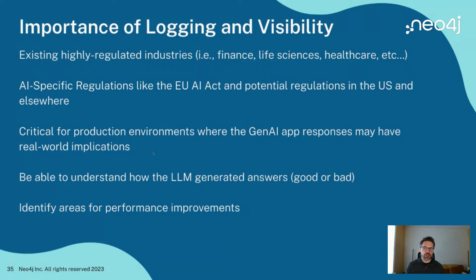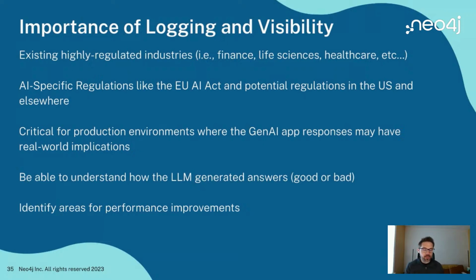On top of that, we're seeing new AI-specific regulations like the EU AI Act, which is already moving forward, as well as the proposed regulations here in the United States and elsewhere around the world. So some sort of a logging system is going to be critical for production environments where these Gen AI app responses might have real-world implications.